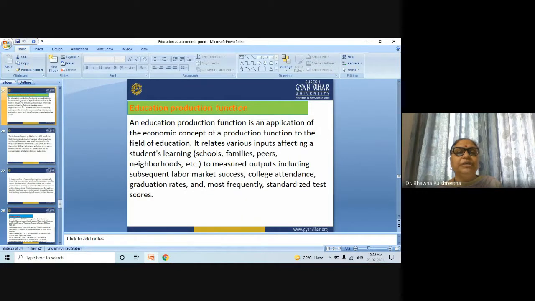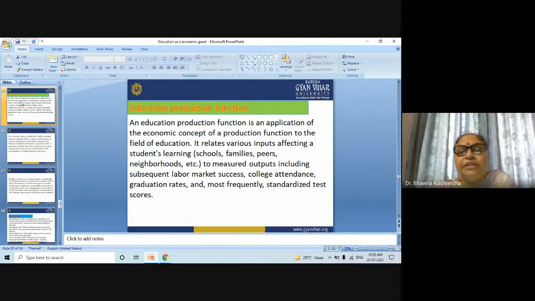And the next is the education production function. The education production function is an application of the economic concept of a production function to the field of education.